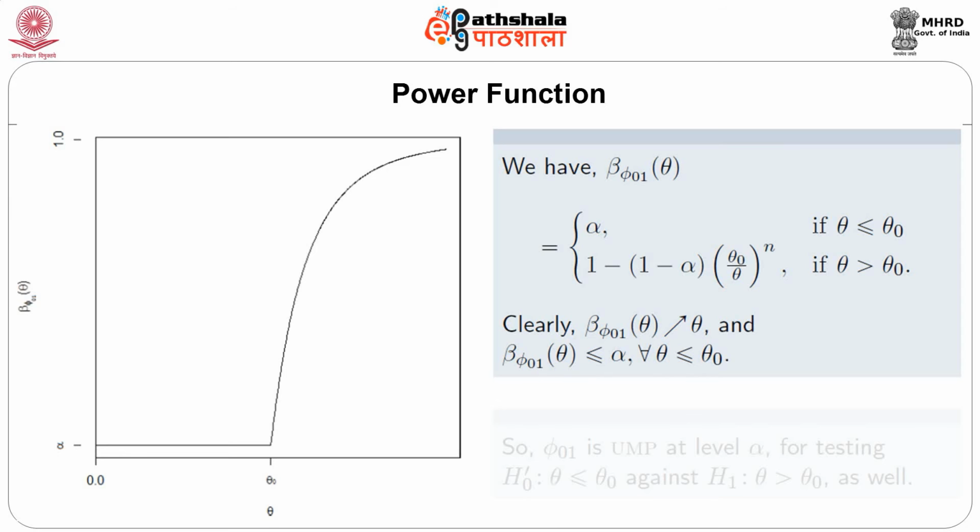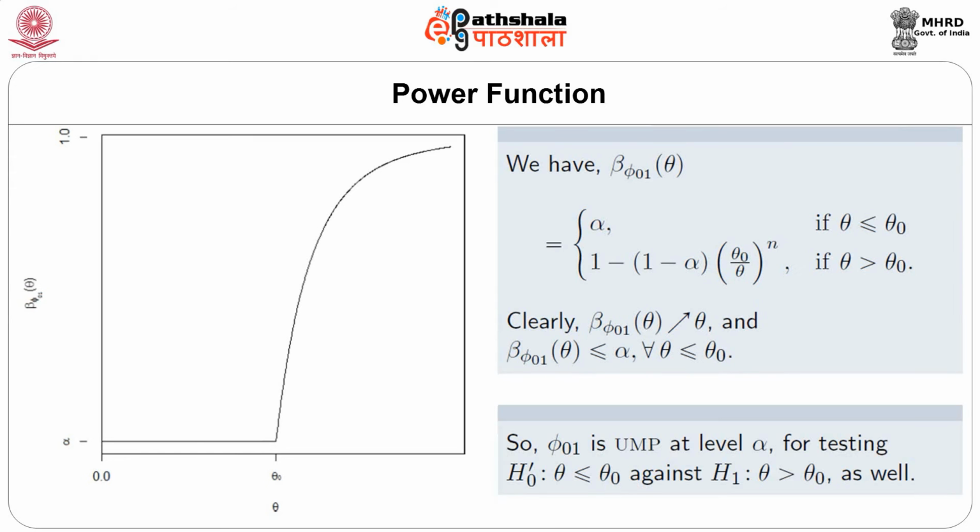So definitely the power function of theta is less than or equal to alpha for all theta less than or equal to theta naught, because beta phi 0 1 of theta is less than or equal to beta phi 0 1 of theta naught, and beta phi 0 1 of theta naught is nothing but alpha. Therefore, this is less than or equal to alpha.